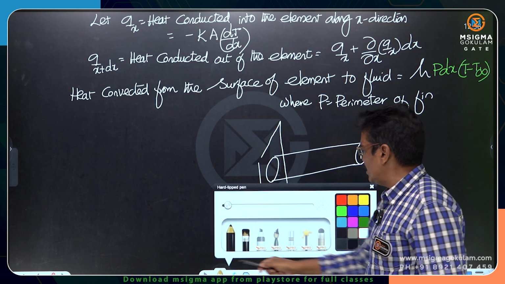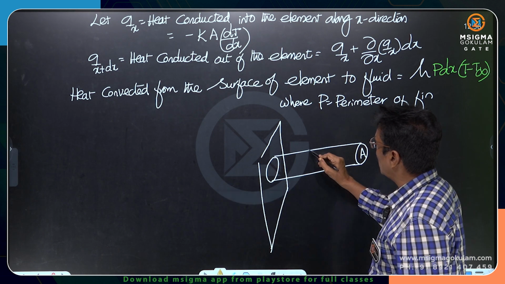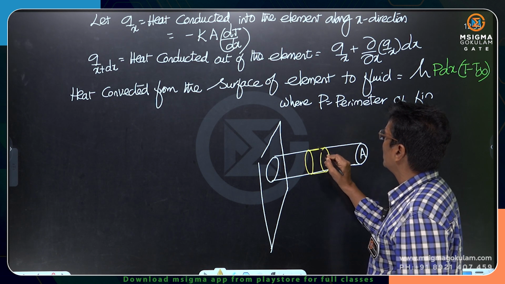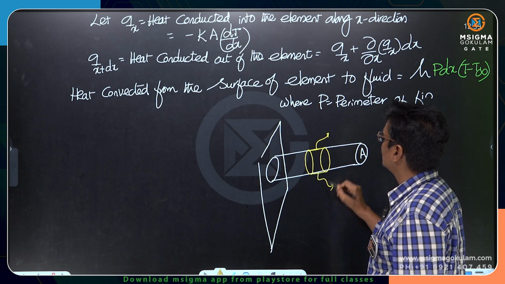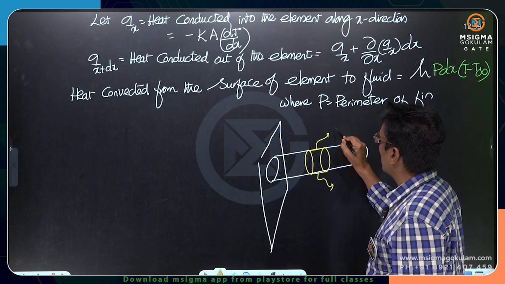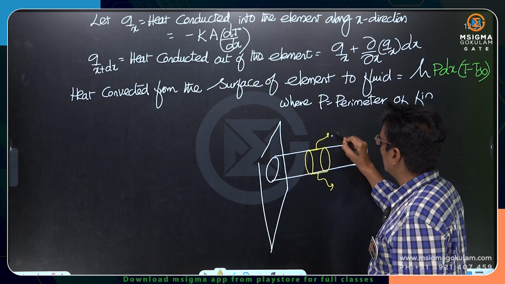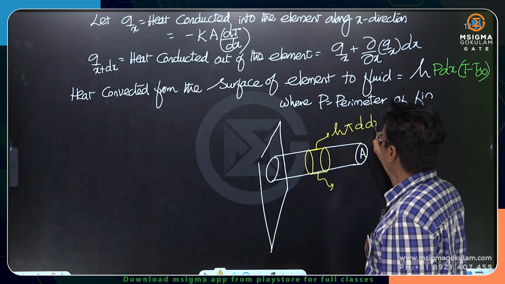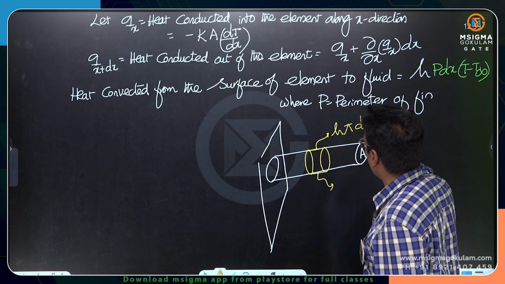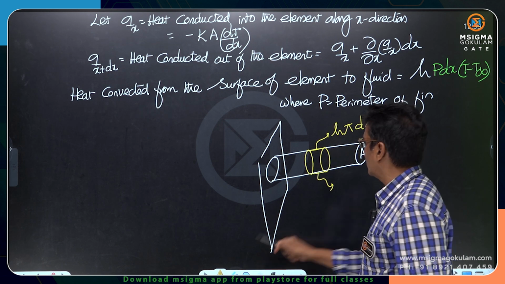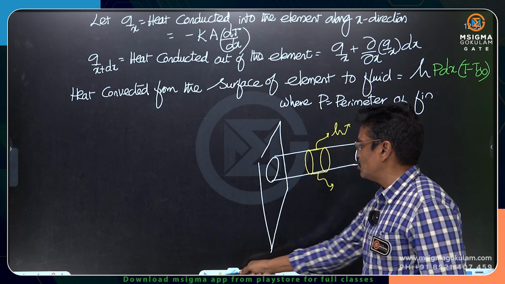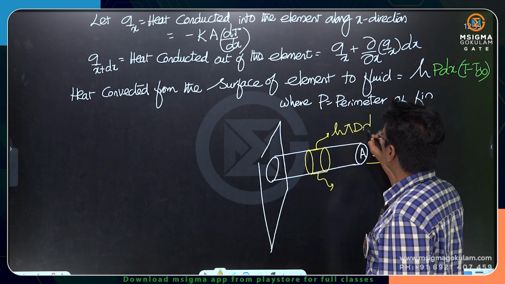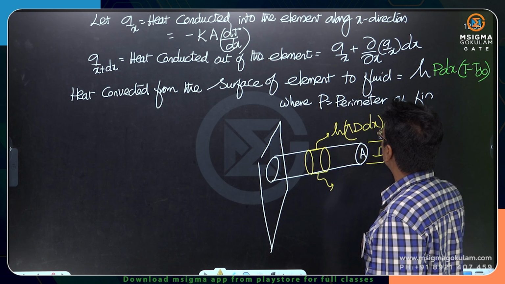If we consider a small differential length of the element, what is the convection happening from the surface of the element? h into pi d, where capital D is the diameter of the fin, into dx into (T minus T infinity), to avoid confusion.